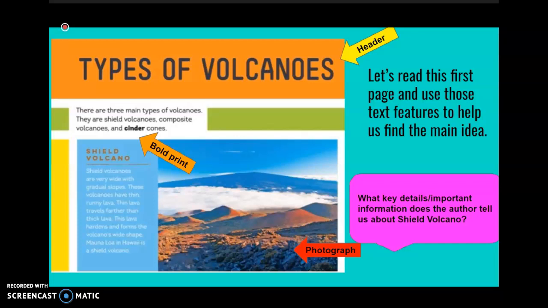Okay, tell me a different fact other than they're just wide. What is another fact about those shield volcanoes that the author wanted me to know? Good job, Nayela. So I know that this type of volcano tends to have very thin, runny lava. Well, what did I learn about the lava that comes from this volcano?